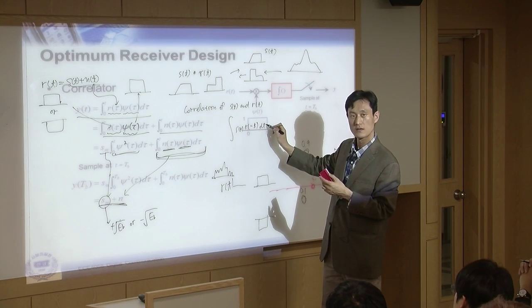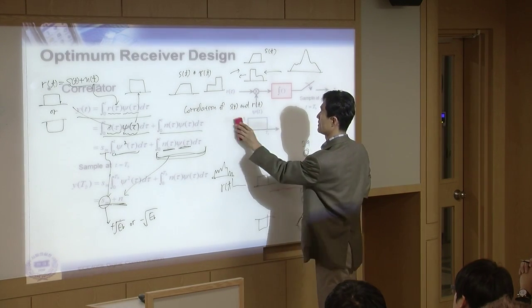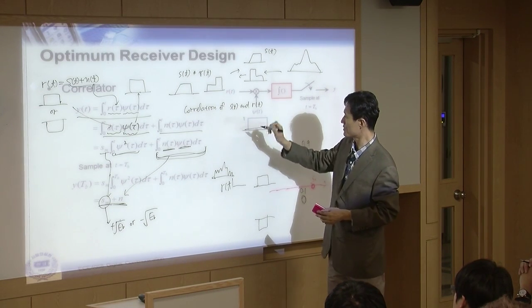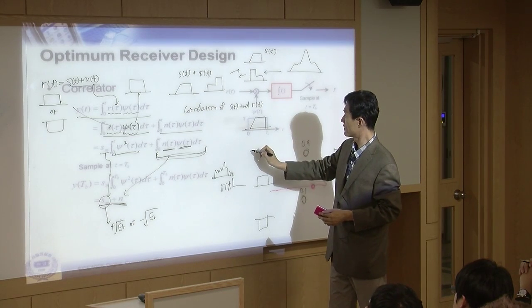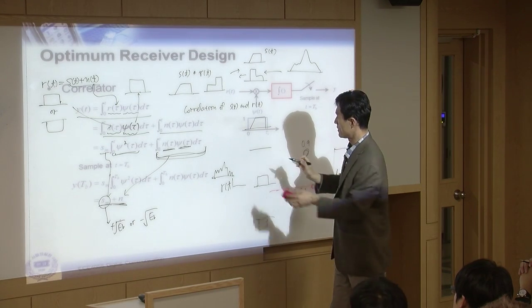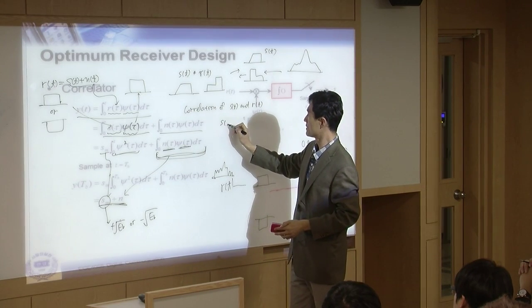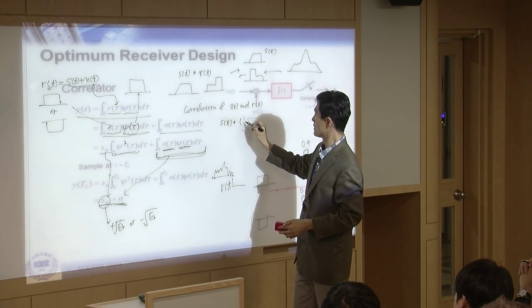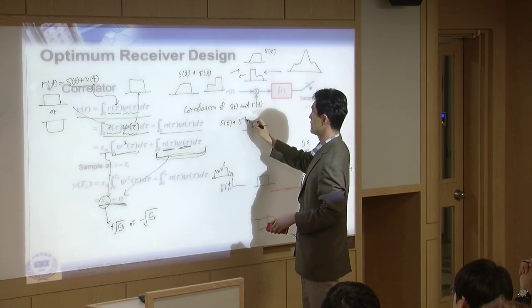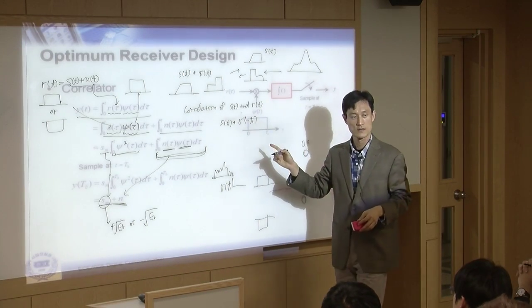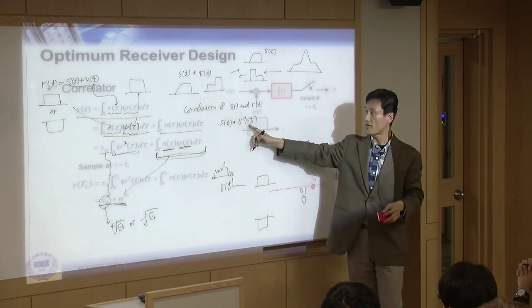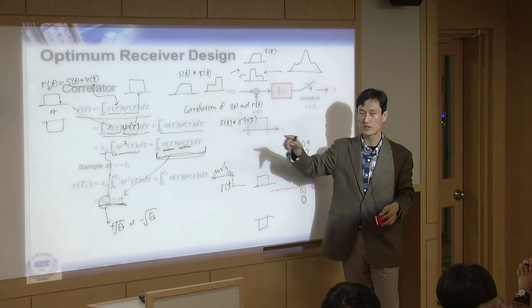So simply speaking, the correlation is calculated this way: you take minus and then put it in the convolution.